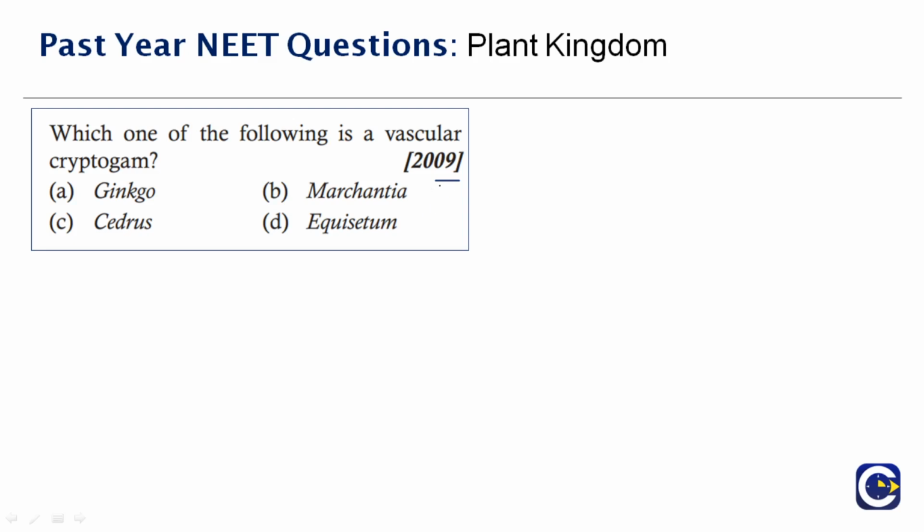They have a vascular system, but there are no seeds; instead they produce a lot of spores. Out of the 4 options given here, Marchantia has seeds, Ginkgo has seeds, Cedrus has seeds. The only one that doesn't have seeds and only produces spores is Equisetum.